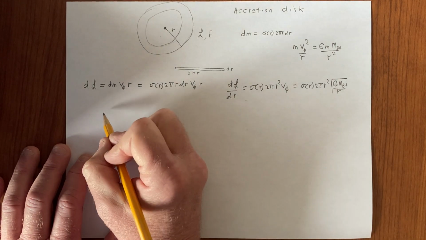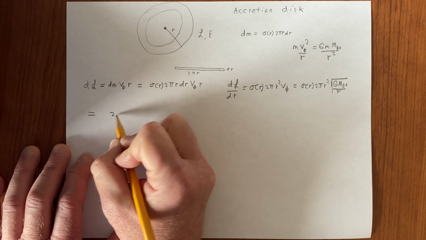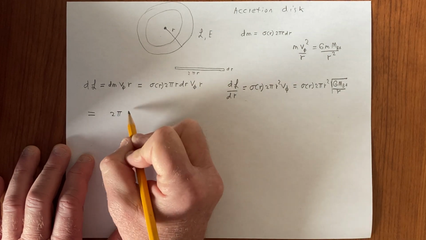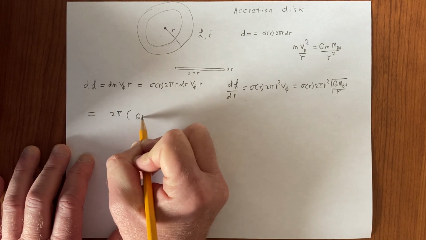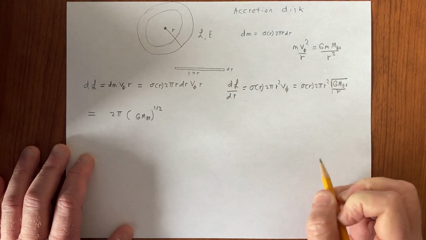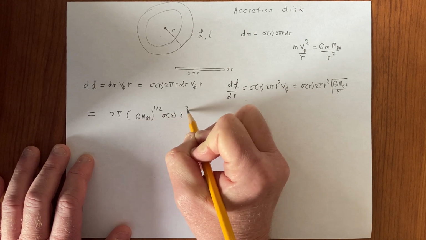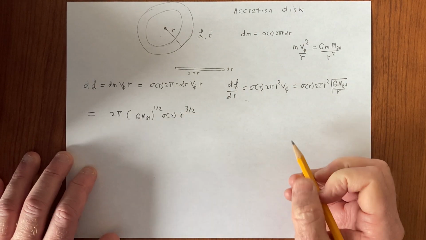And so we can then write this as 2 pi, let's pull the constants out, G M black hole to the 1/2 sigma of r to the 3/2.